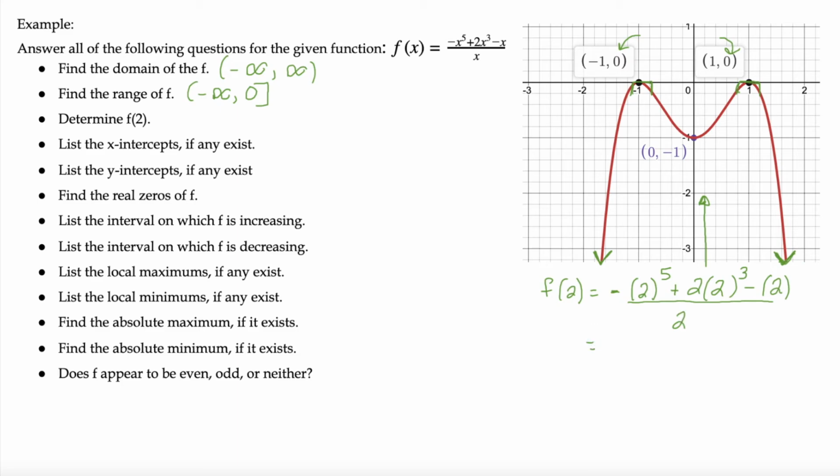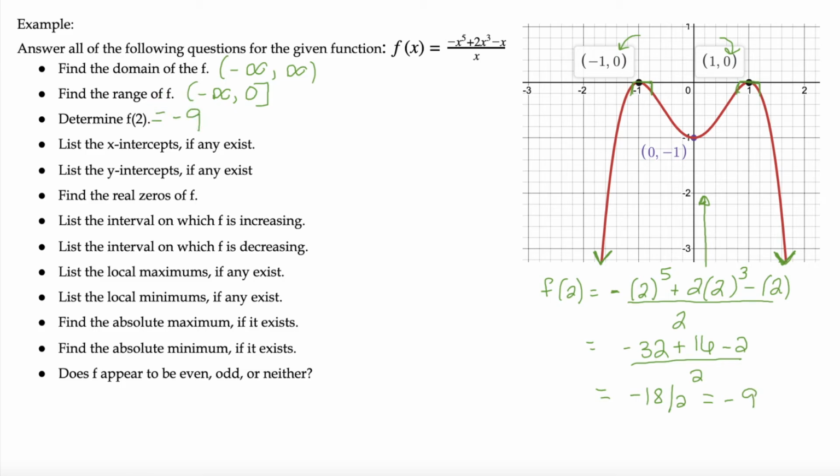This gives us negative 32, since 2 to the 5th is 32 times the negative out front. 2 cubed is 8, times 2 is 16, minus 2, over 2. Simplifies to negative 18 over 2, which is negative 9. So f of 2 is negative 9.